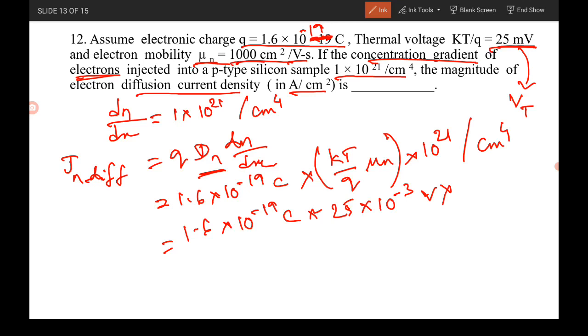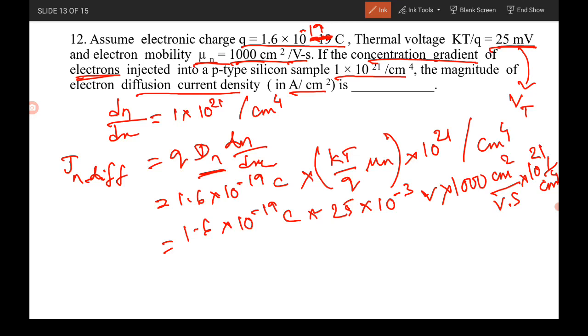Mu n is given as 1000 centimeters square per volt second, into 10 to the power 21 per centimeter to the power 4.